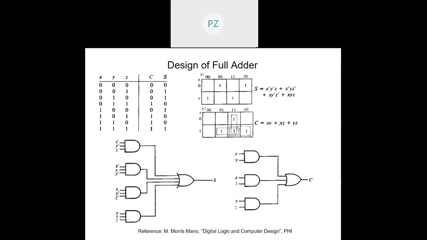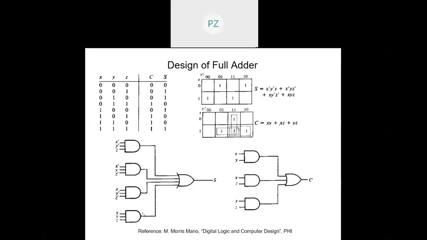By either way, I mean either you exclusive OR Y and Z and then exclusive OR with X, or you do exclusive OR between X and Y and then exclusive OR with Z. You understand? In either way you will get the same expression. So that will also give you the verification for the associativity of exclusive OR function. And another thing that you will get to know, and which would be useful later, is that this can alternately be written as x exclusive OR with y exclusive OR with z, just as in the case of half adder, S was x exclusive OR with y. Over here it will be x exclusive OR with y exclusive OR with z. This is for you to check.